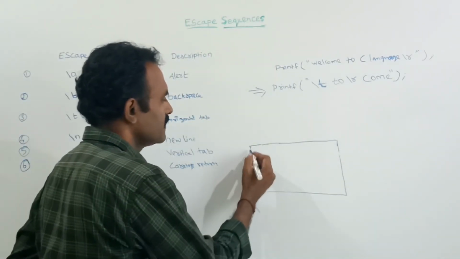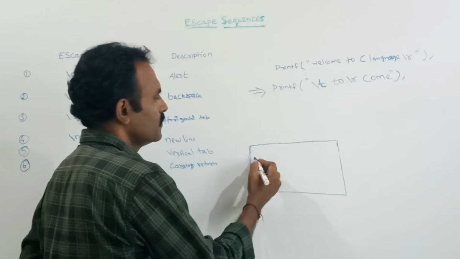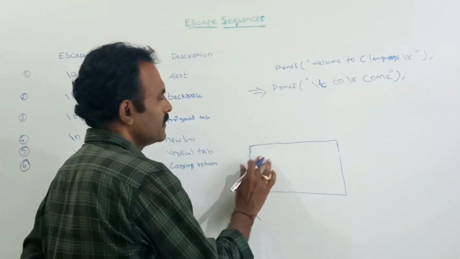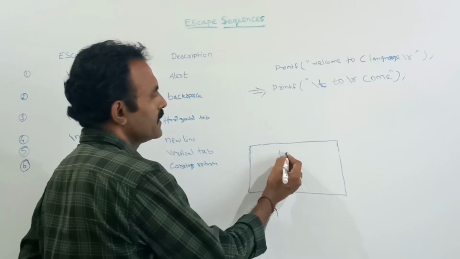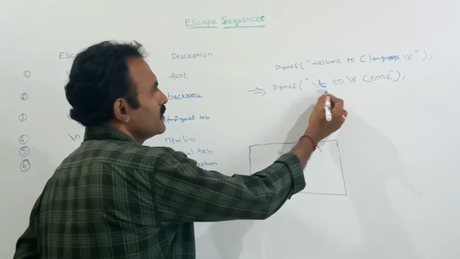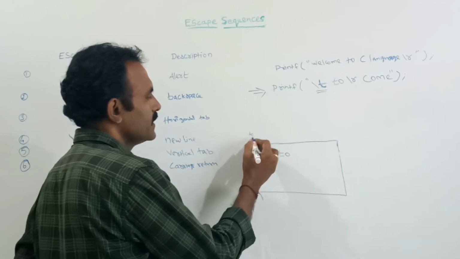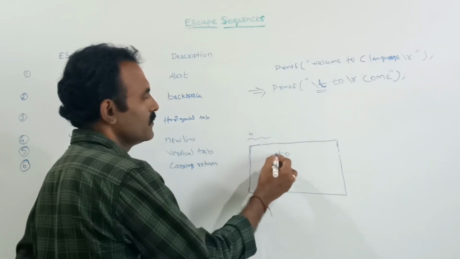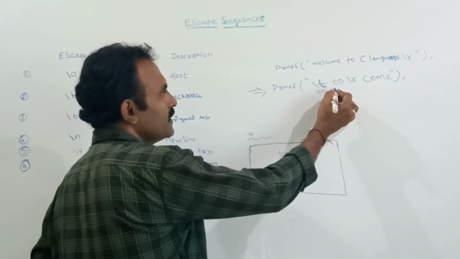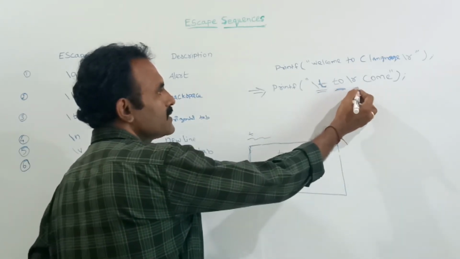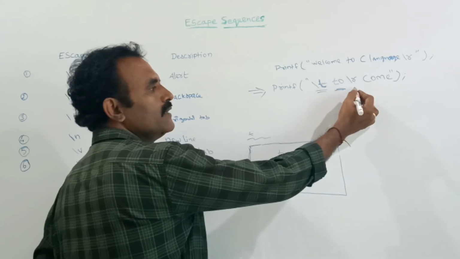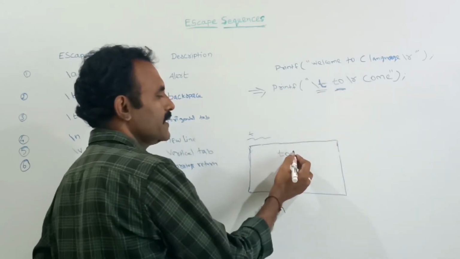First it leaves up to 8 spaces. From here the text will be printed, "to". This \t is used to leave this space. After that it will print the text "to". Next I am giving \r, that is carriage return.